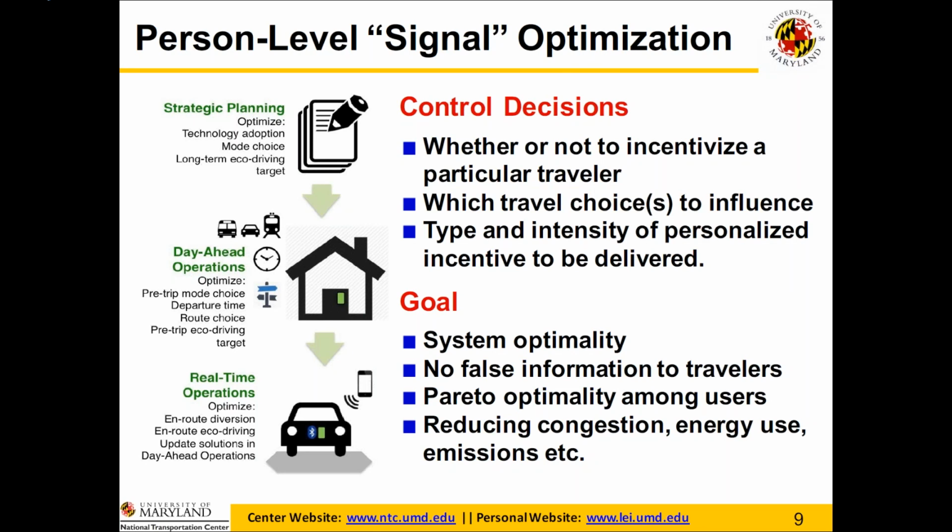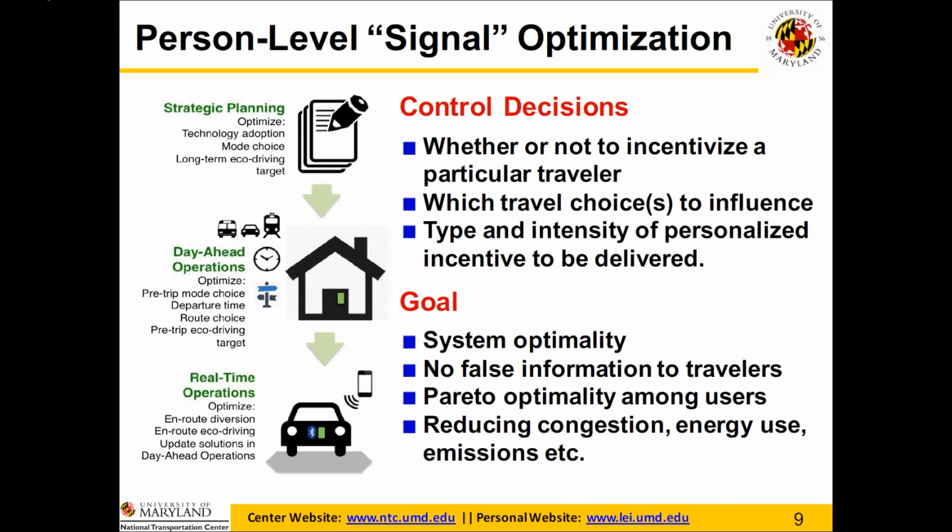So the future of transportation system control or management is probably not all about traffic signals. It's about getting rid of signals that everybody sees the same.